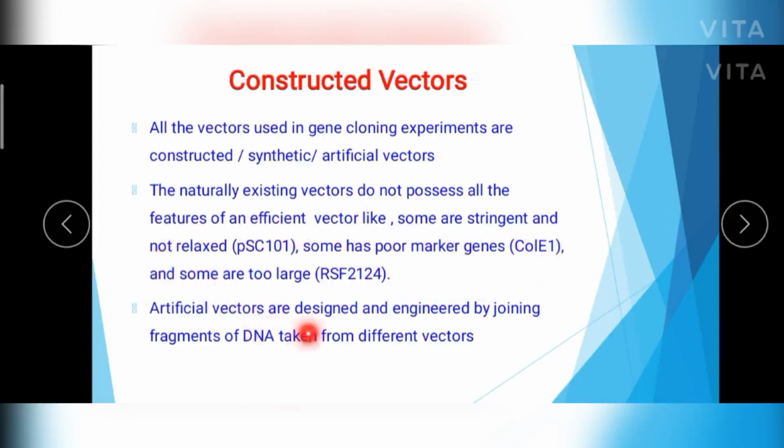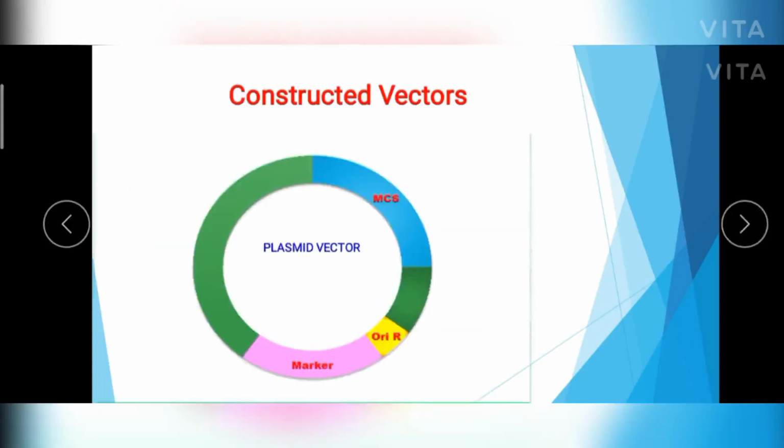So what you do is engineer or design the vector by joining fragments of DNA taken from different vectors. From each vector, whatever suitable feature is there, that portion of the DNA is taken, and then all the fragments are joined to produce an artificial or constructed vector. In this manner, if you see this example, this is the constructed plasmid vector.